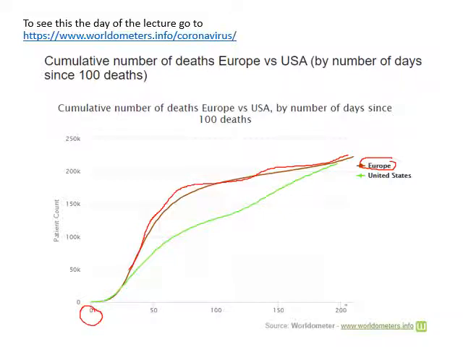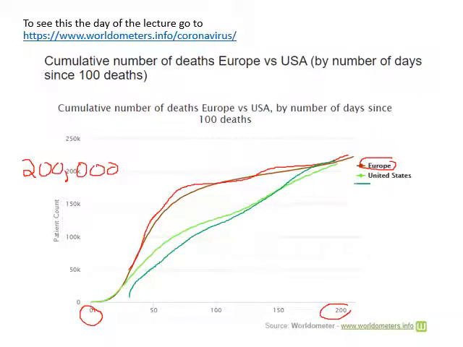This is day 200. These are the numbers of deaths, so you can see it. This is 200,000 on this line. So top is Europe, the bottom in green is the United States.